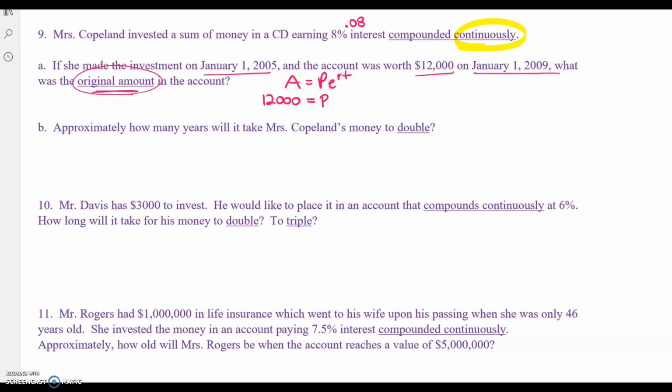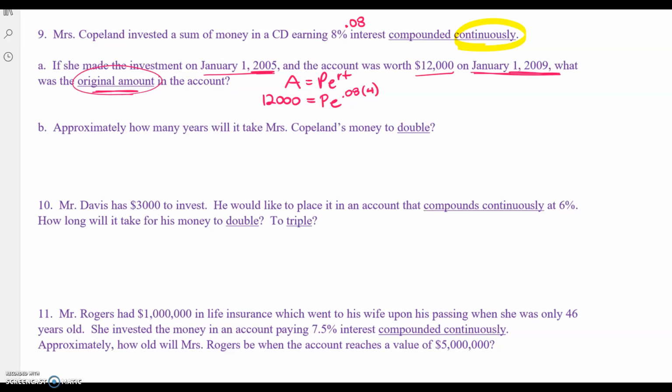The original amount would be the amount she started with. E is the number E, R would be 0.08, and T, well, how many years is it from January 1st of 2005 to January 1st, 2009? Yes, that is 4 years.